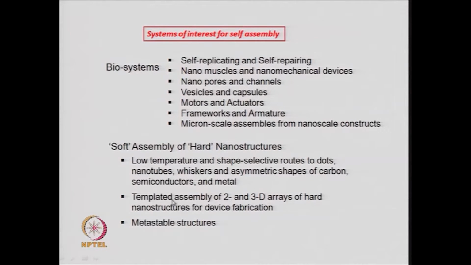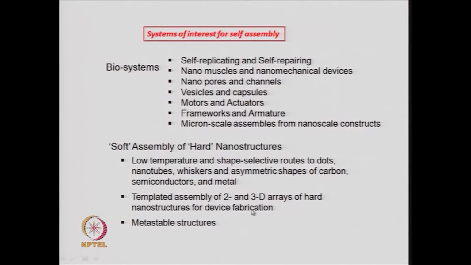Then similarly, we can make templated assembly of 2 and 3 dimensional arrays. Instead of making particles or spheres or rods of these oxide nanostructures or metal nanostructures, which we are calling hard nanostructures, we can make 2 dimensional or 3 dimensional arrays of these nanoparticles, which we now refer to as 2 and 3D arrays of hard nanostructures, using templated assembly of these molecules or molecular systems using a soft chemical approach.